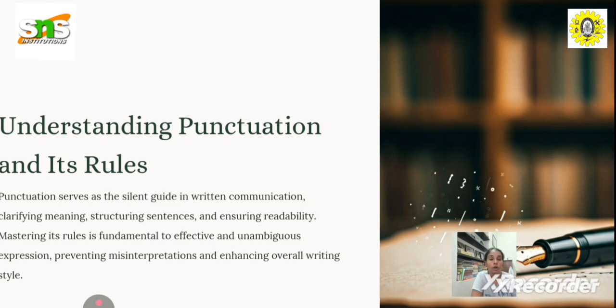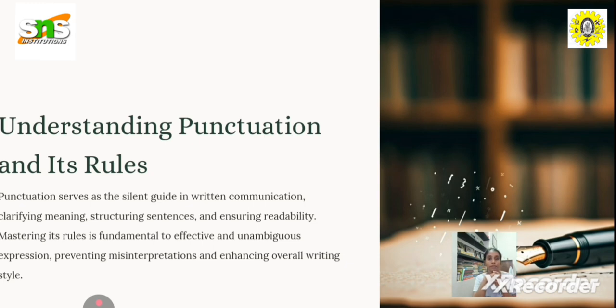Punctuation, according to the Oxford Learner's Dictionary, is defined as the marks used in writing that divide sentences and phrases, and the system of using these marks. The Merriam-Webster Dictionary defines punctuation as the act or practice of inserting standardized marks or signs in written matter to clarify the meaning and separate structural units.